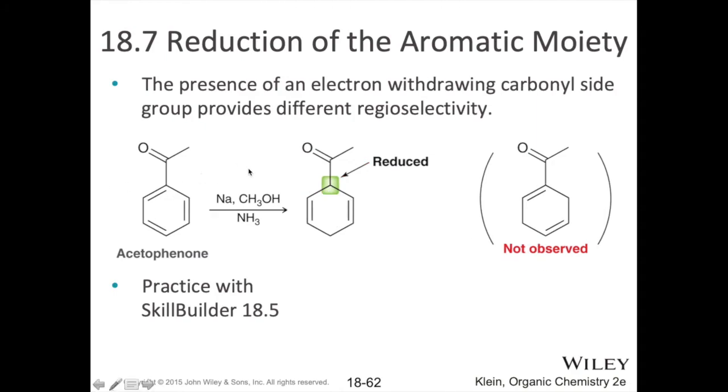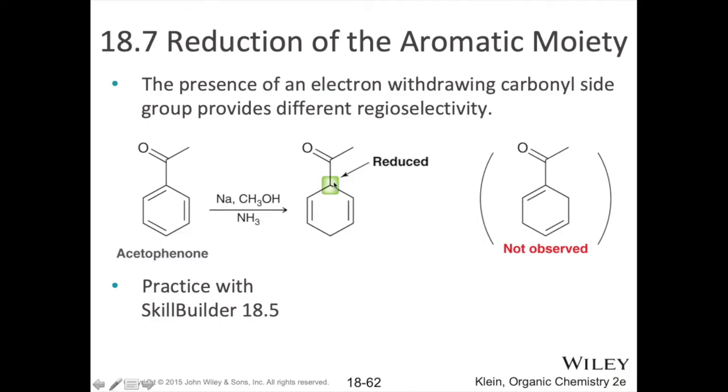But we see the opposite effect with an electron withdrawing group. So let's say we have an electron withdrawing group like a carbonyl group here, which remember, you have a resonance structure where these electrons get pulled towards that oxygen and give it a negative charge. This pulls electron density away from the ring because this bond has some partial double bond character.